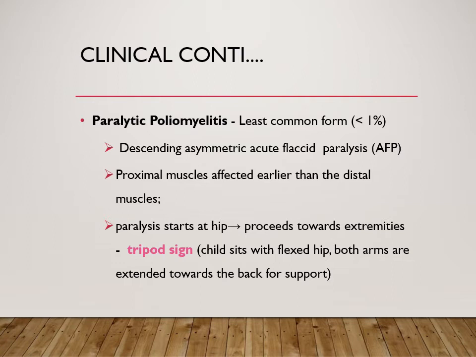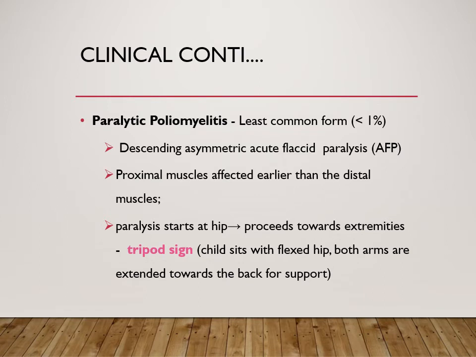It is descending and asymmetric, that means one limb is affected, the other is not affected. Proximal muscles are affected earlier than the distal. First the proximal muscles are affected, then the distal muscles.